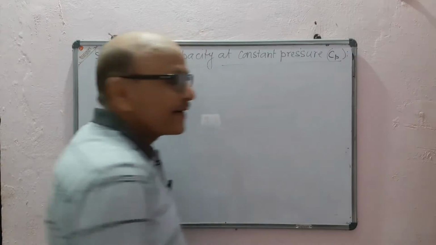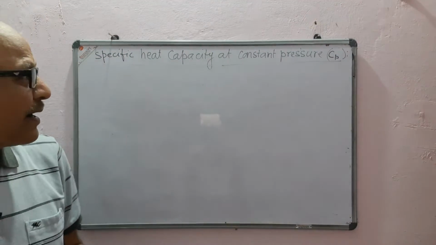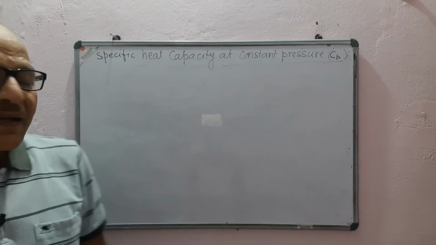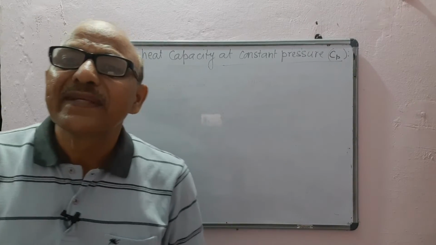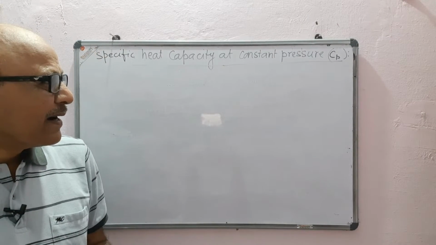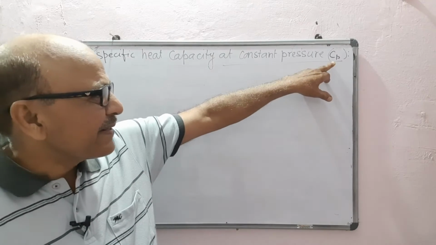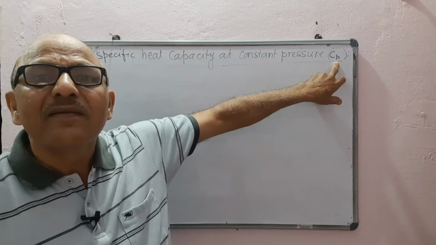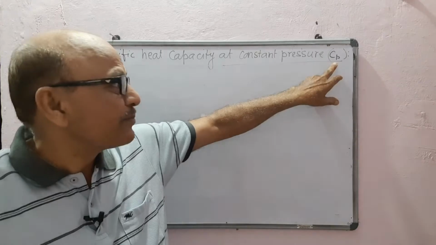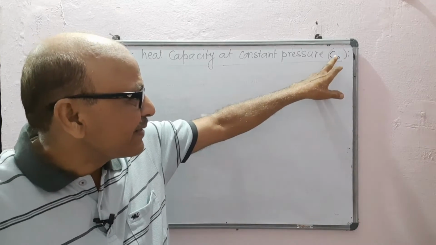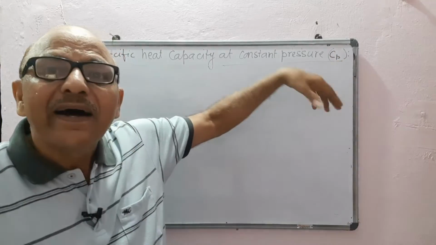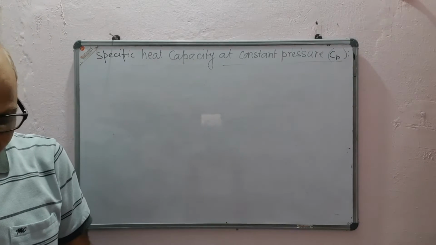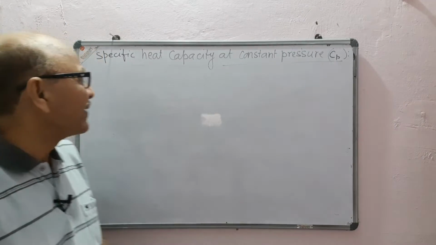In order to distinguish molar heat capacity from specific heat capacity, we here slightly change the symbol. In molar heat capacity at constant pressure, we take symbol C capital P, and in case of specific heat capacity, we take symbol C small p.